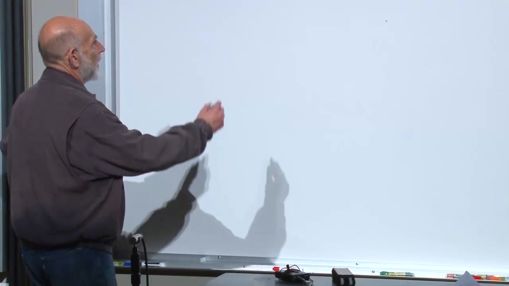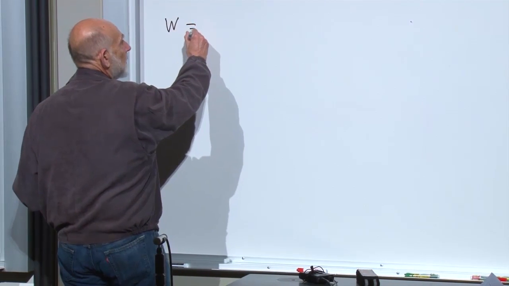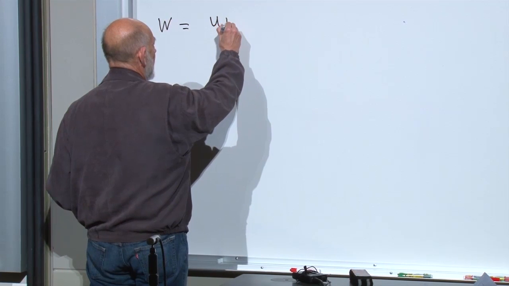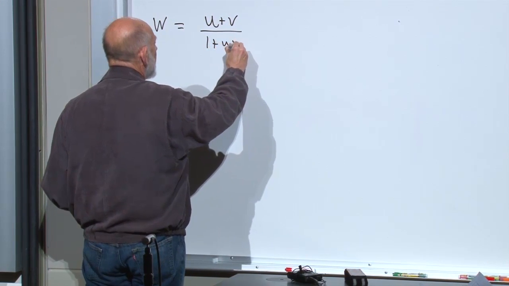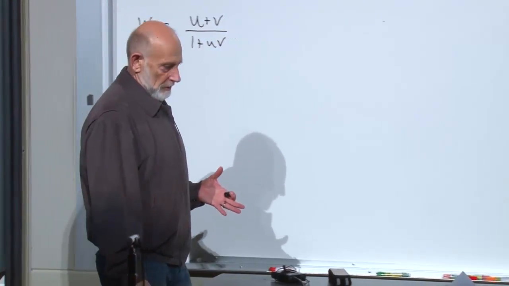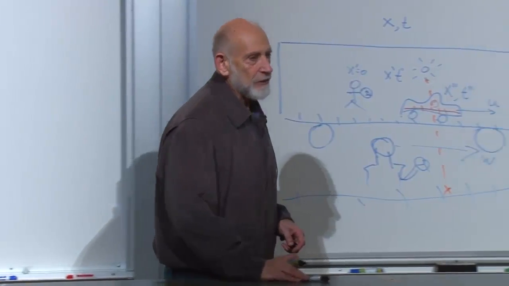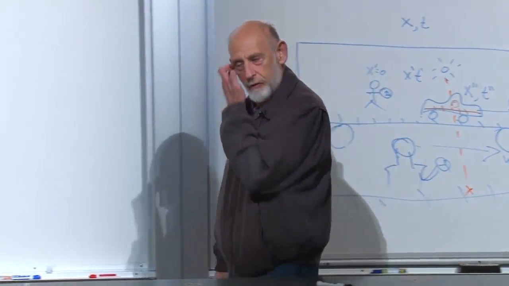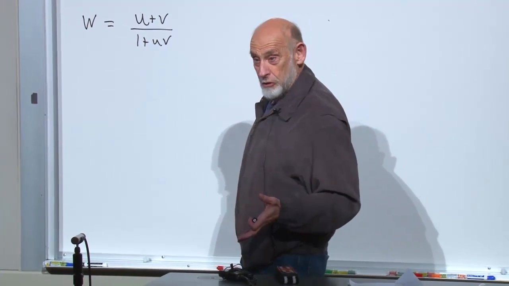Okay. All right. So w, the speed w, is equal to u plus v divided by 1 plus uv. And now if I want to restore the units, just to answer your question again, if we set the speed of light equal to 1, of course, we're working in units in which velocities are dimensionless.